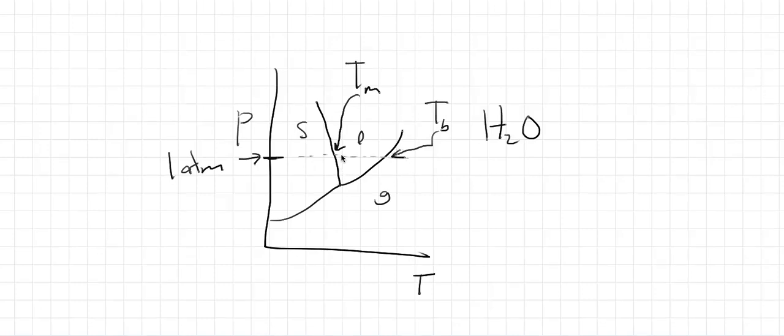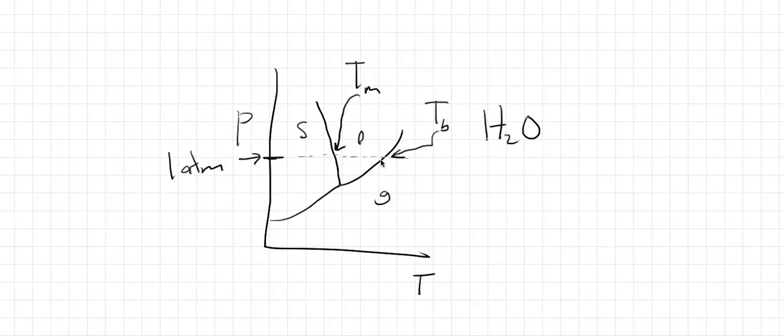Those are the normal melting and boiling points. If we were going to say the standard boiling point, that would be a little tiny bit different, because that would be down here at 1 bar, which is, remember, just 1% smaller than 1 atmosphere. So the normal boiling point up here, the standard boiling point down here.